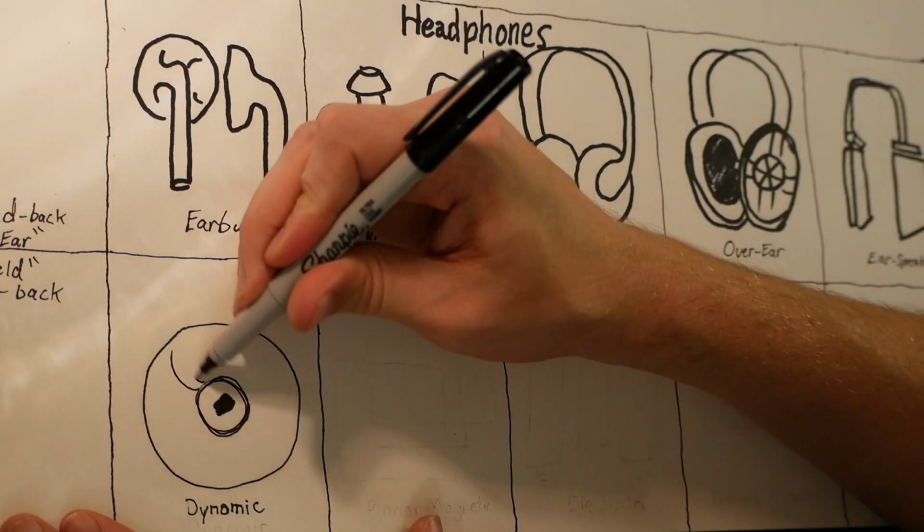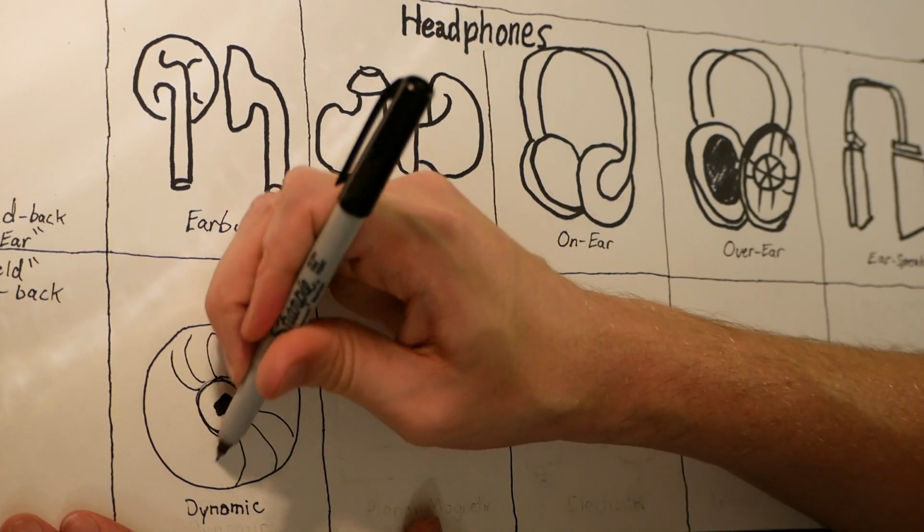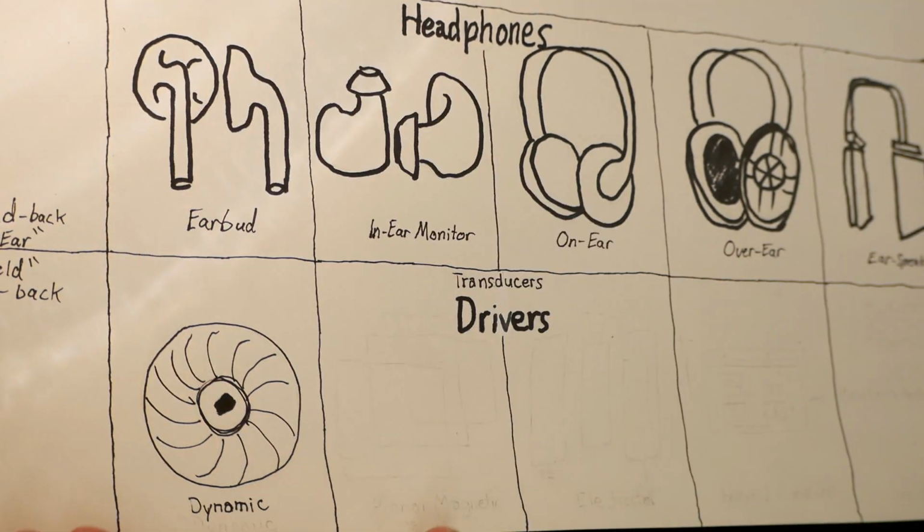Now the driver cone itself is reinforced, kind of like corrugated steel or the corrugated cardboard you'd find in a pizza box, but in a radial pattern. So you may see drivers with this kind of arcing pattern on it, and that is to help increase the stiffness of the driver cone. You need that part not to move.